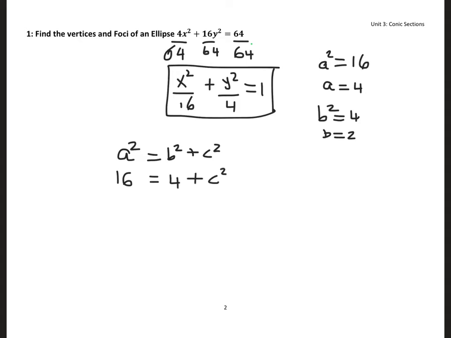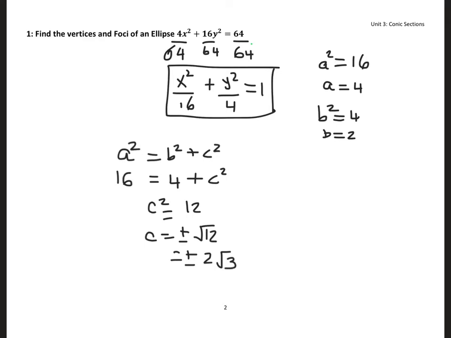I want to get my foci. So c squared is equal to, subtracting 4 from both sides, 12. So c is plus or minus the square root of 12, the same as plus or minus the square root of 4 times 3, which is 2 square root of 3.